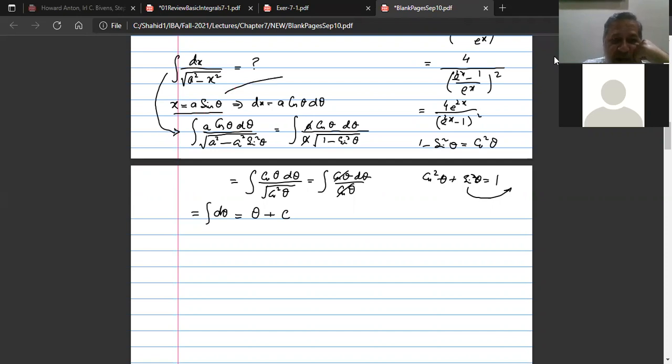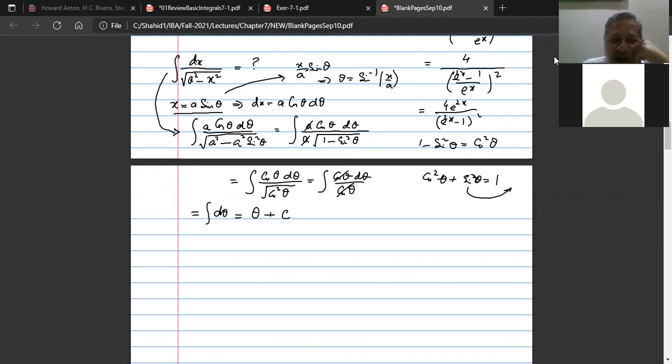If you look at this substitution, this says that x upon a is equal to sine theta. And that means theta is equal to sine inverse x upon a.